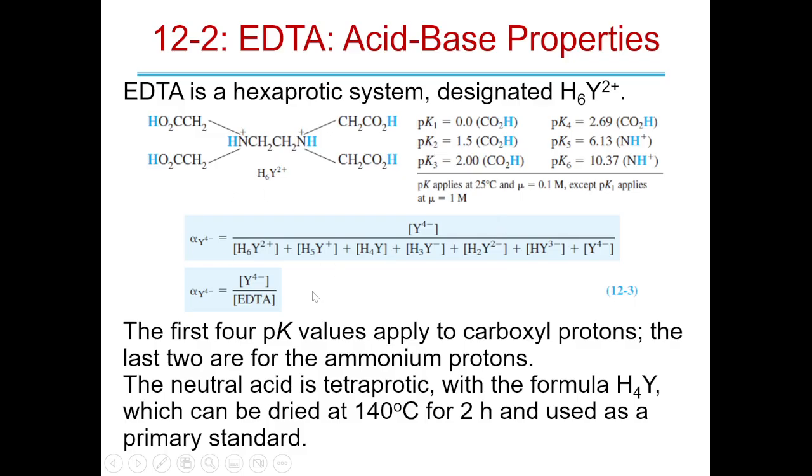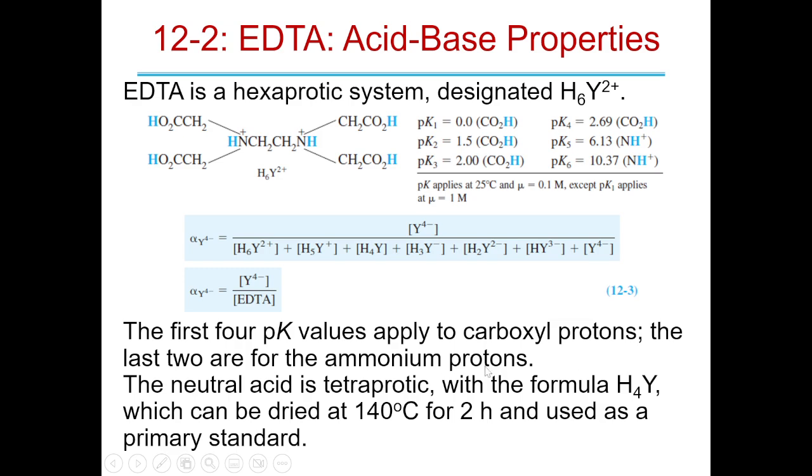All right, so what is the fraction that is the Y4- form? Well, the fraction that's the Y4- form would be the concentration of the Y4- over all the other species, right? Another way of saying that would be the concentration of the Y4- over the total concentration of all forms of EDTA, which would just be, you know, the concentration of EDTA is how you say that.